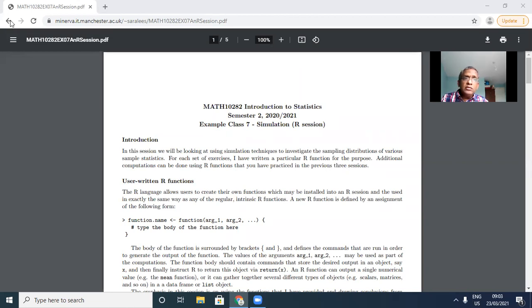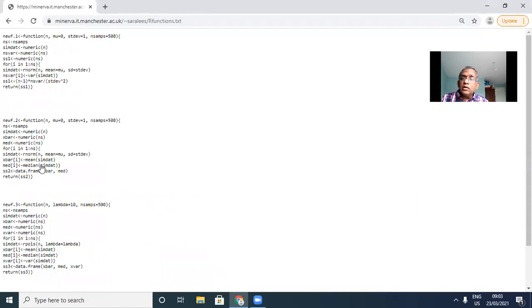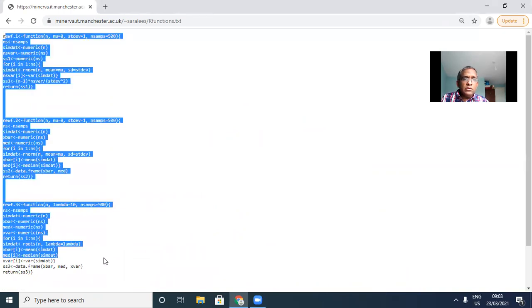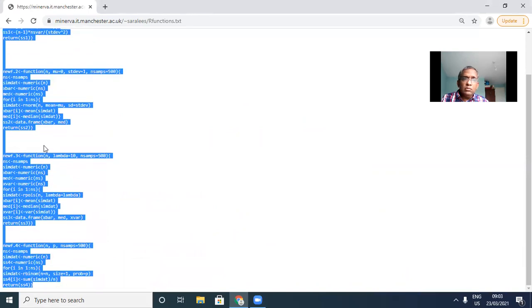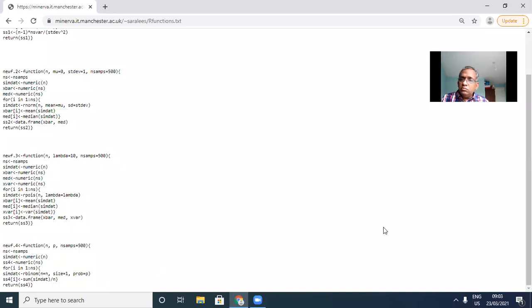Before I start, there are four R functions that I need to use in this tutorial, so I'm going to copy them and paste them in the R session.